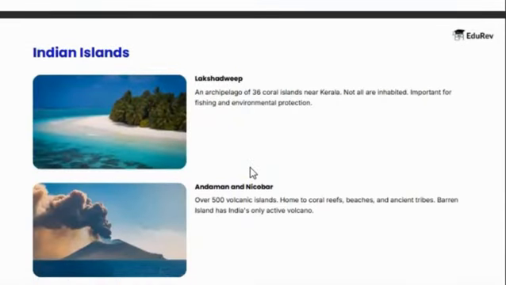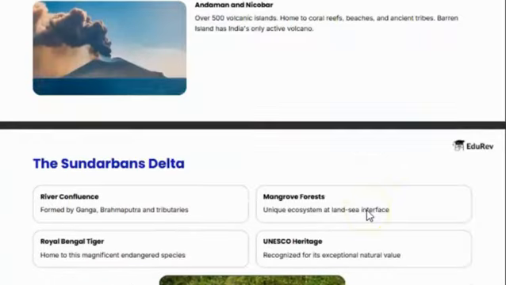Let's get through those Indian islands. The Lakshadweep has 36 coral islands near Kerala, but not all are inhabited. Important for fishing and environmental protection. Andaman and Nicobar have over 500 islands, home to coral reefs, beaches, and ancient tribes. Barren Island has India's only active volcano right now.